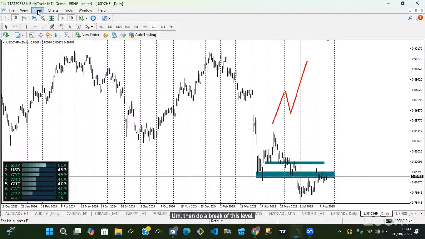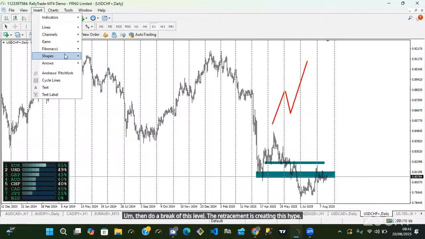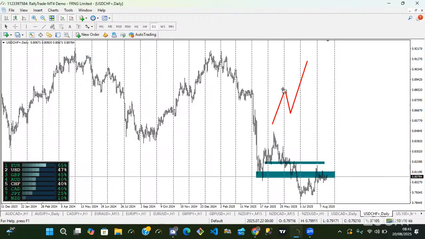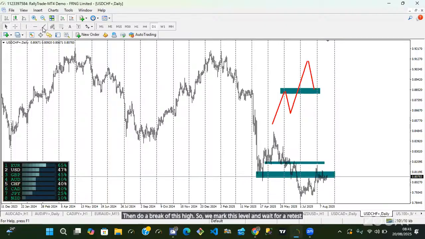The retracement is creating this high. Then do a break of this high. So we mark this level and wait for a retest into this level before we can keep buying again.